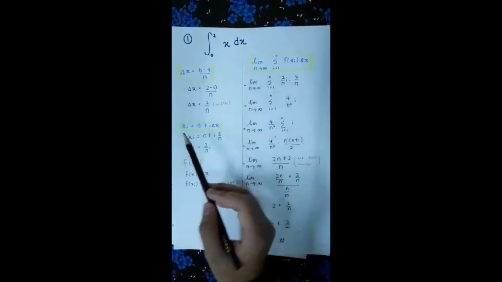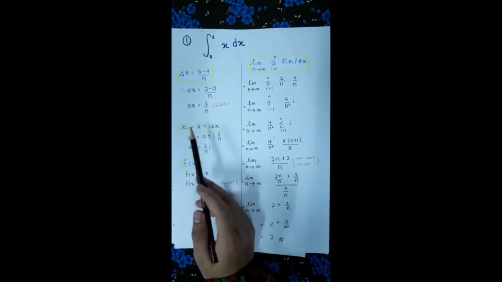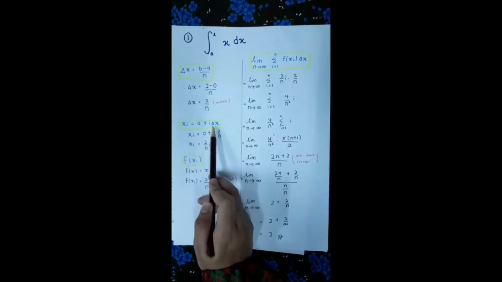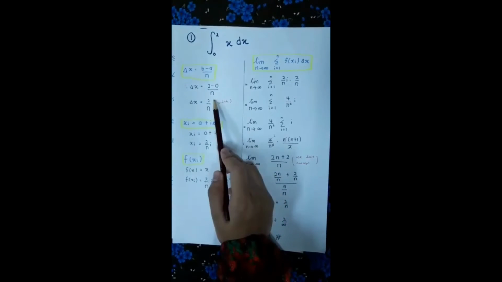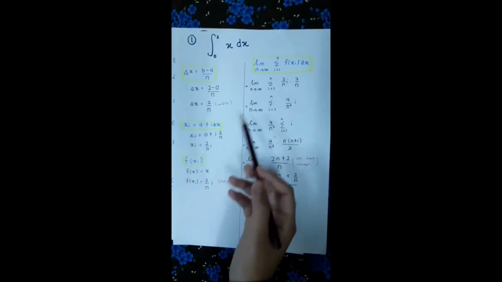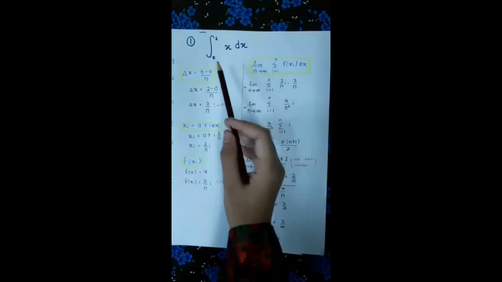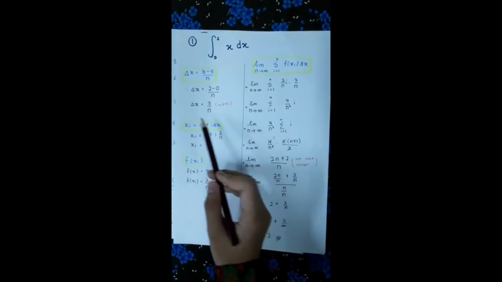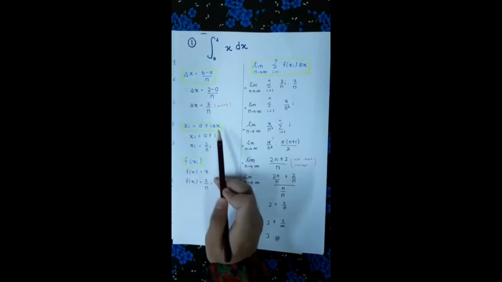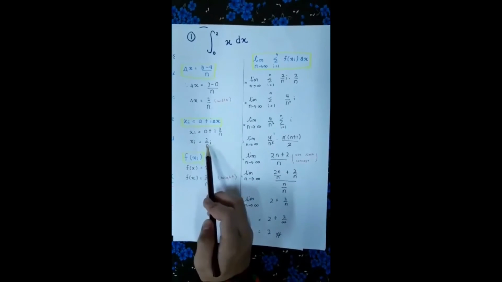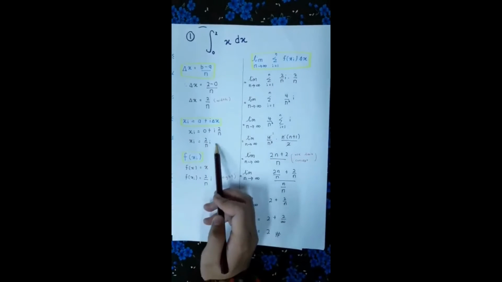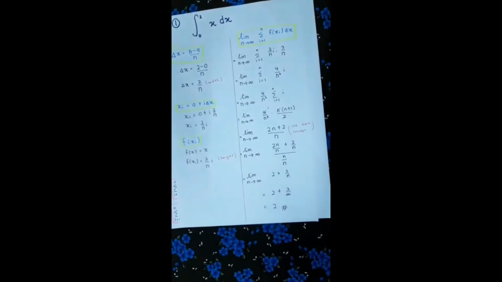The second strategy is we must find xi, which is a plus i delta x. We have obtained delta x from the previous part, which is 2 over n. So we just substitute a, which is 0, plus i, which is a constant, and delta x, 2 over n. So we will get xi equal to 2 over n times i. The third one is f(xi).